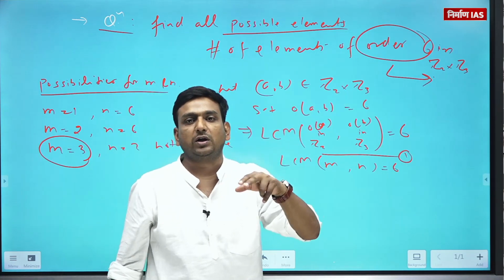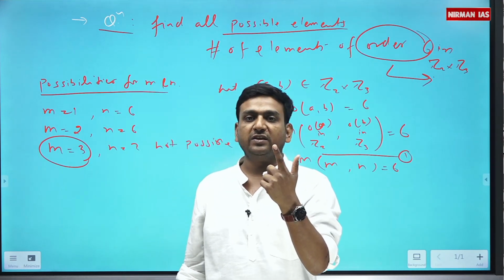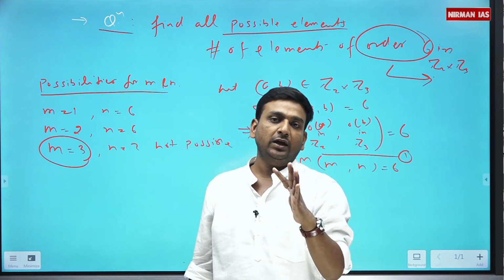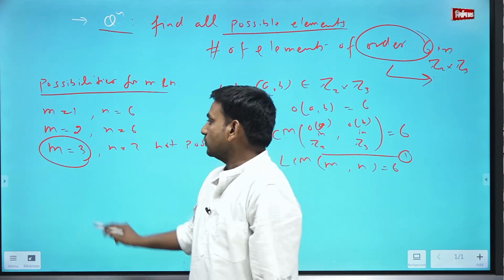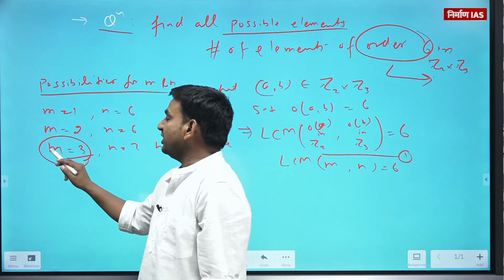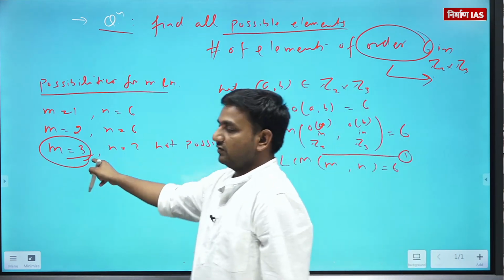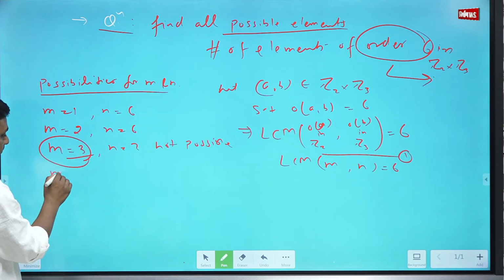So Z2 can have elements of order 1. Whose order is 1? Only the identity. The identity element has order 1 only, and the rest of the elements will be of order 2. So m equal to 3 means the order of some element in Z2 is 3, which is not possible. So this is not a possibility.